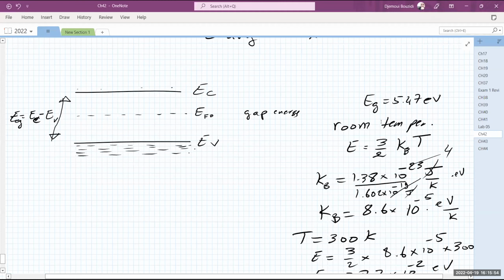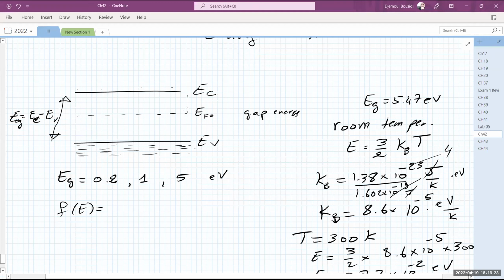As a matter of fact, this is what we're going to do. We're going to consider this gap to be 0.2, which is very small, 1, which is small enough but 5 times as much as the first one, and 5 electron volts, and see what's going on in this case. If we calculate the values of Fe, which is really the probability that we're going to have in here, the Fermi energy level in this case is going to be smack in the middle.